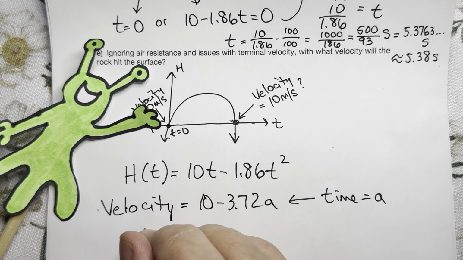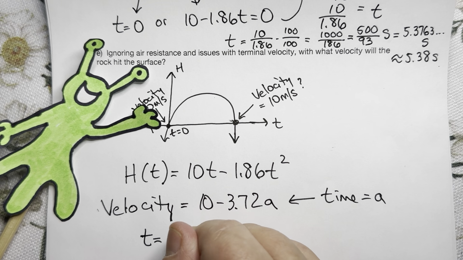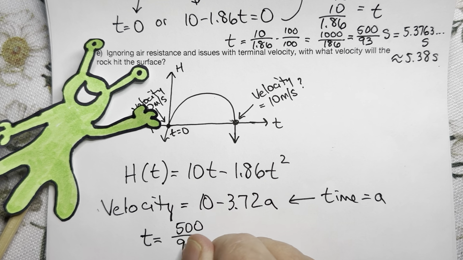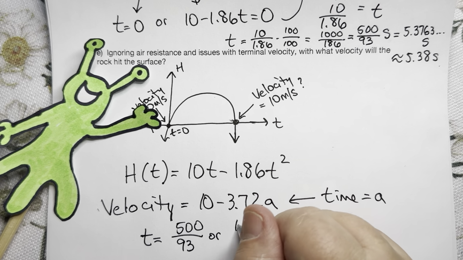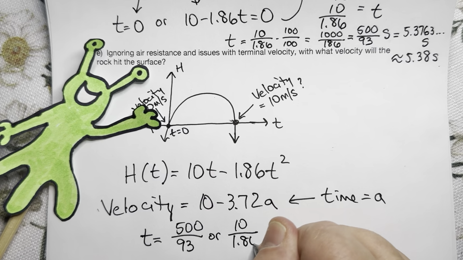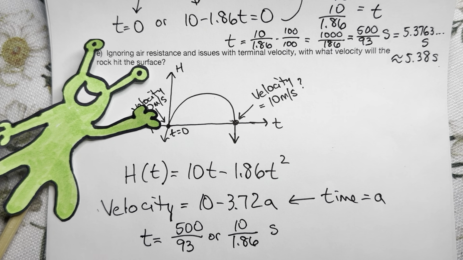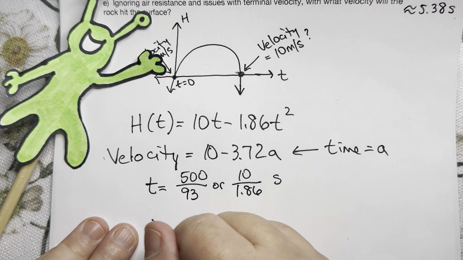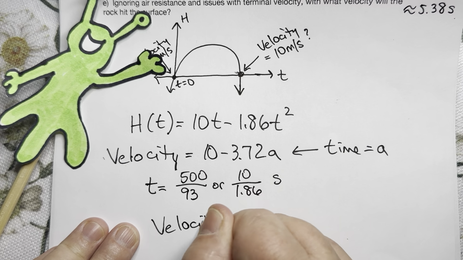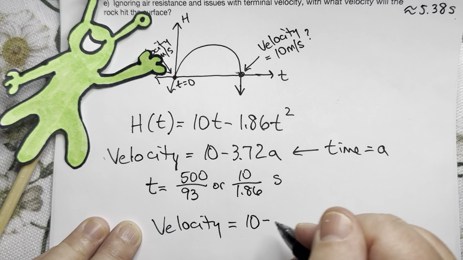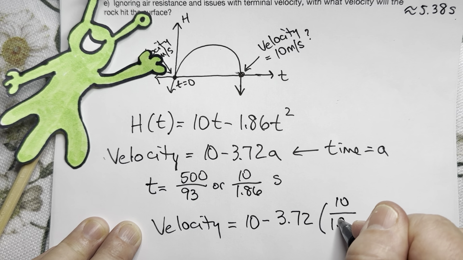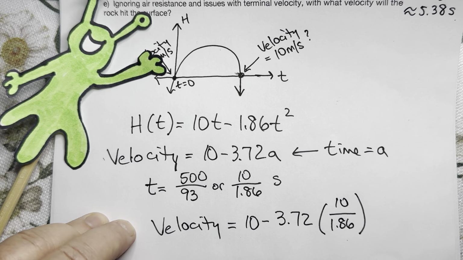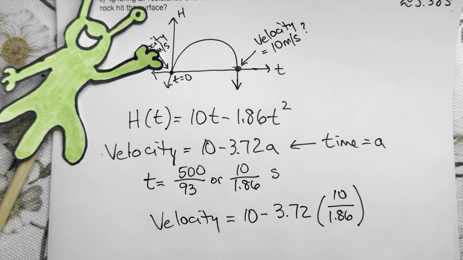We know that the time is going to be 500 over 93, or originally it was 10 over 1.86 seconds, right? So the velocity equals 10 minus 3.72 times 10 over 1.86. Okay.